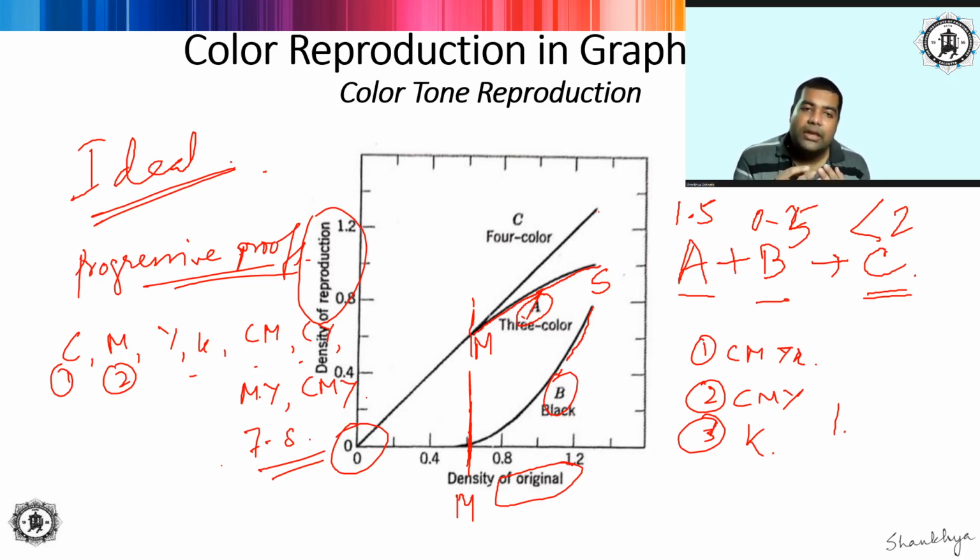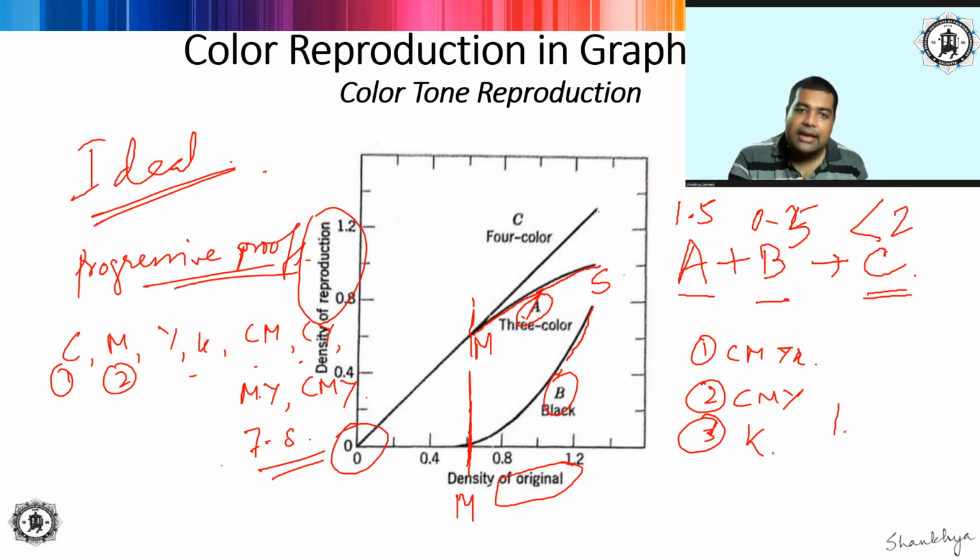We have accepted the fact that it is not possible for us to achieve 5% to 10% of the dot. I mean, not 10% of the dot, but at least 5%, from 0 to 5% dot can never be achieved. We have accepted that fact.